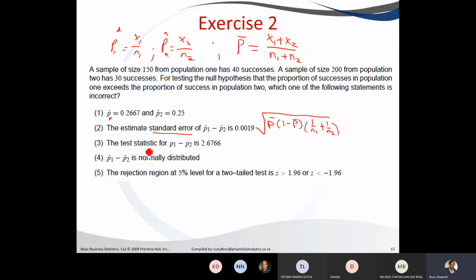What else? Your test statistic, your Z-stat, which is your test statistic. You're going to calculate it using the Z-stat: sample proportion 1 minus sample proportion 2 divided by the standard error.